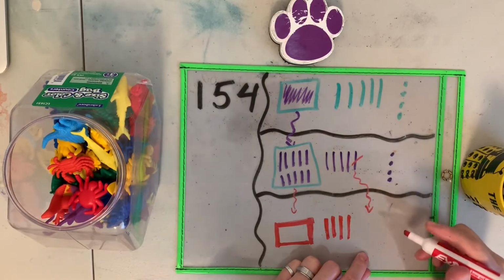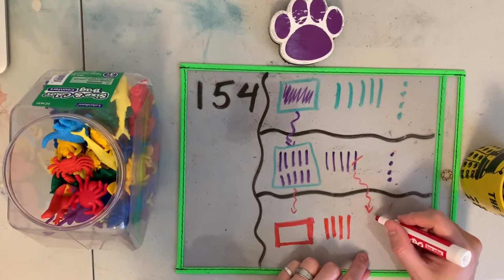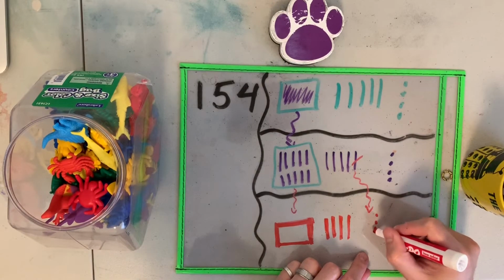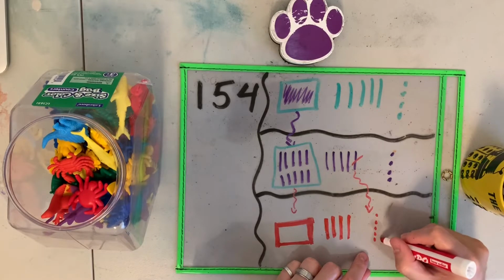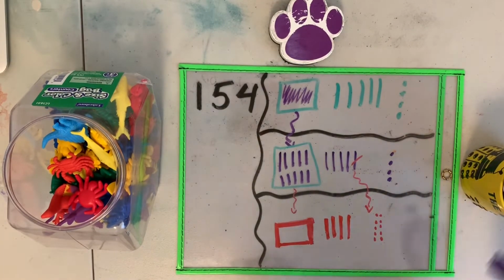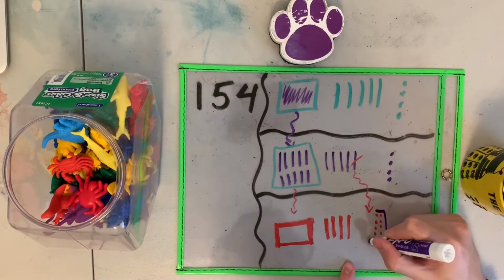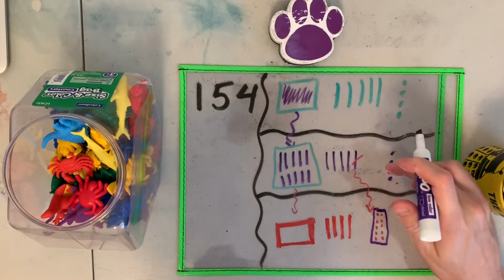How many ones is 10? It's 10 ones. So we have 1, 2, 3, 4, 5, 6, 7, 8, 9, 10. We need to remember that 10 ones equals 10.